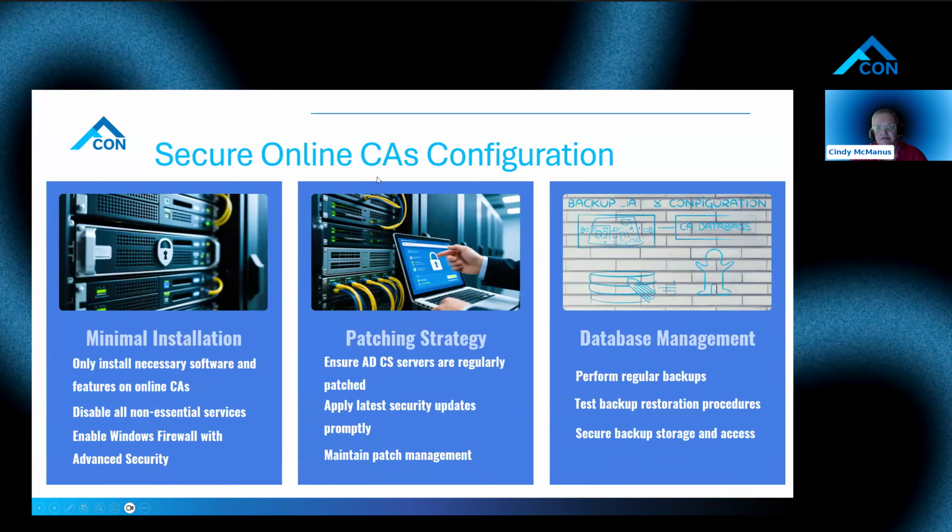So your online CAs, these are the ones that issue the certificates for servers, users, regular computers, your SSL certificates, and a number of others we could talk about. The only thing you want on those issuing CAs is what is necessary for security and what is necessary for the CA configuration.